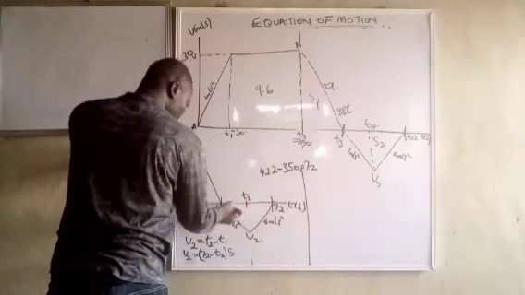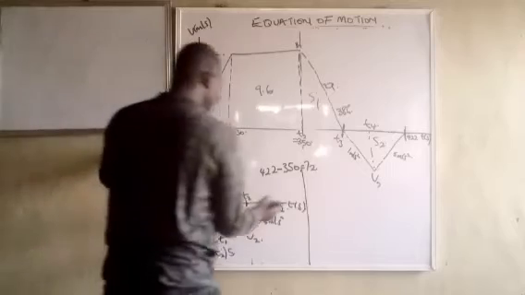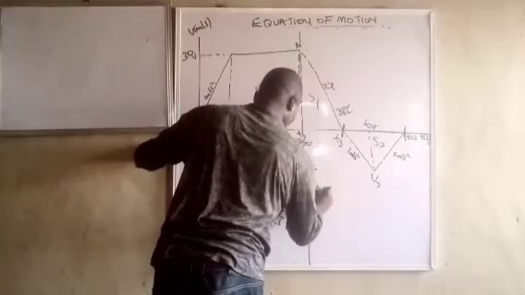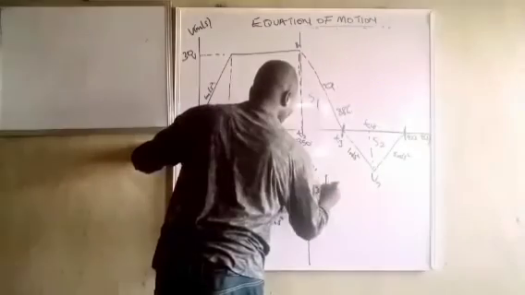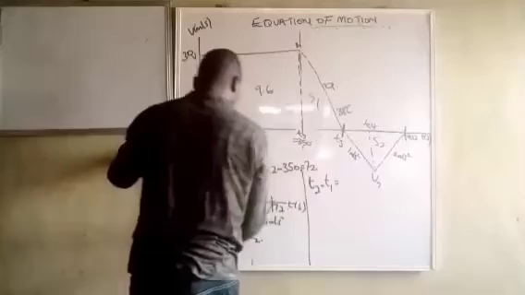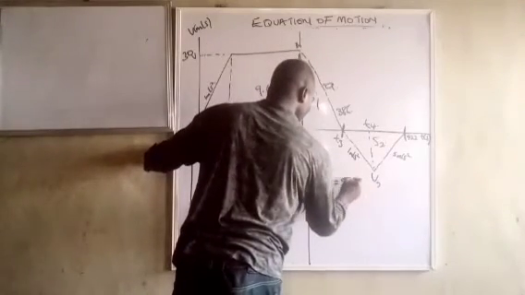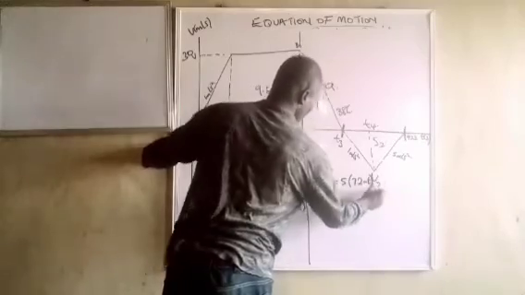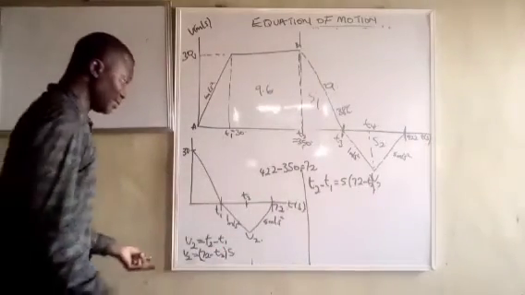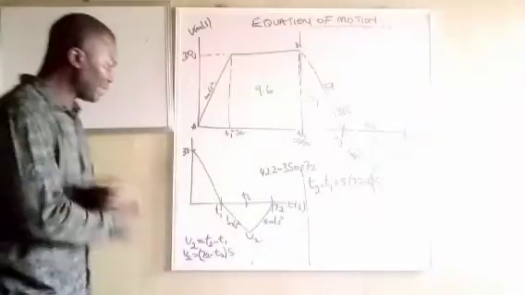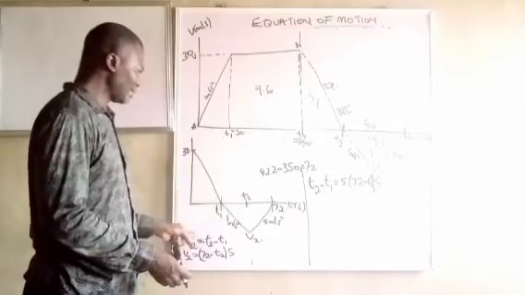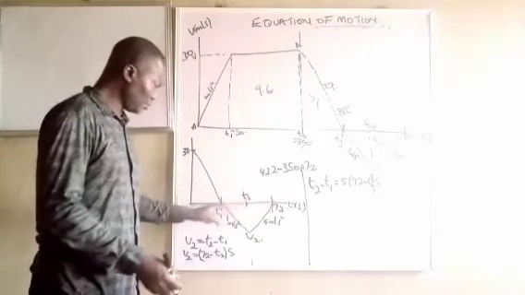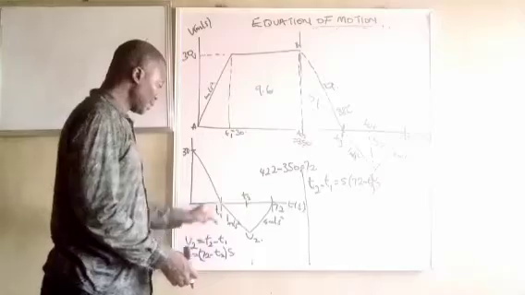That is, T2 minus T1 will be equal to 5 into 72 minus T2. So you can see we arrive at the same thing. Since it is like that, we are going to divide this one in the ratio of 5 to 1. That is what this means.